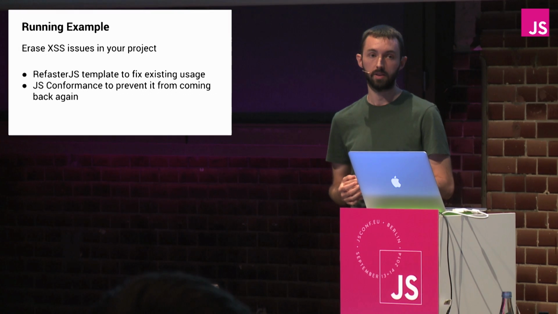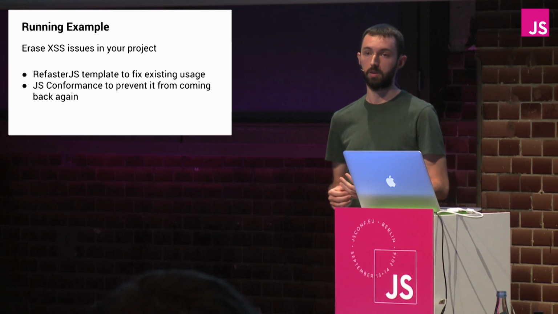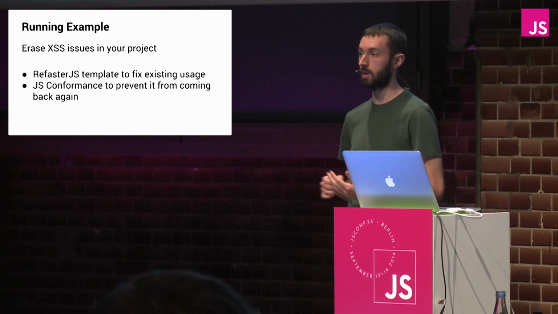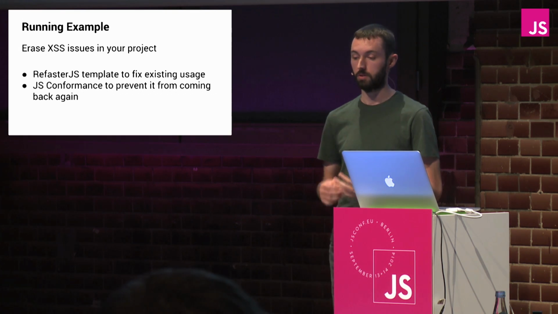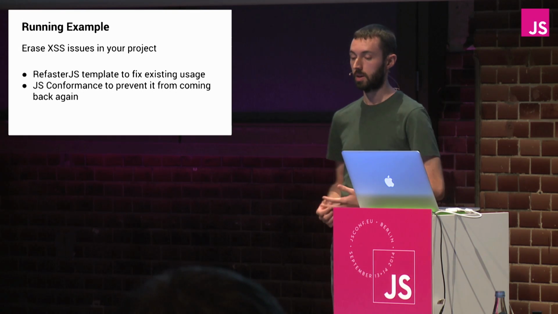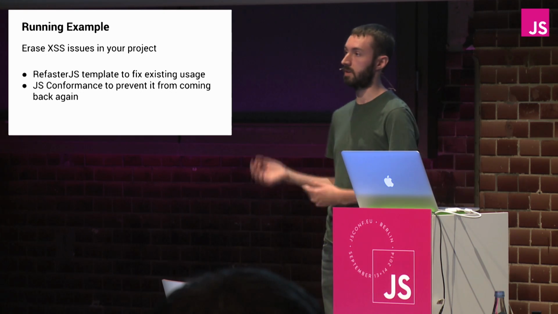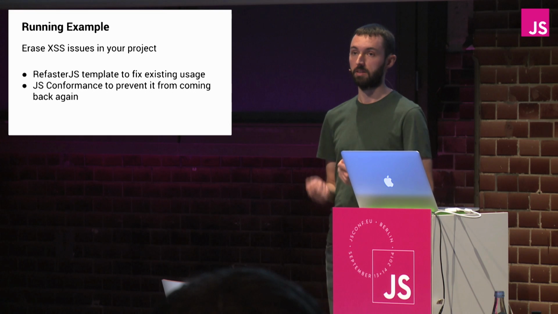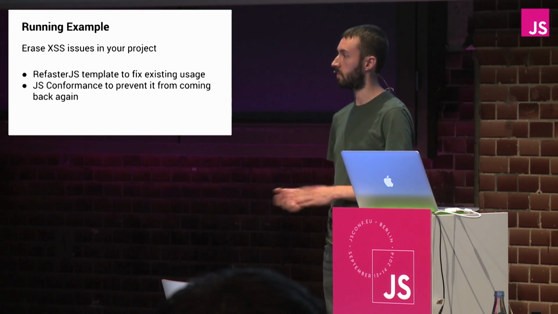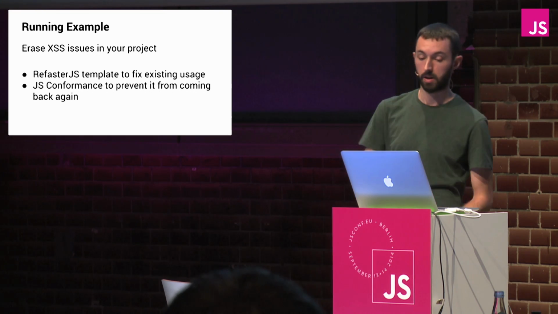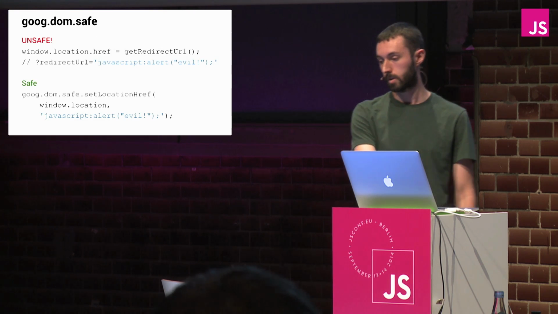An XSS can be really costly to the user, losing user data, and to your company with lawsuits, breach of user privacy, and so forth. So using RefasterJS, I'll show how you can fix existing bad XSS vulnerabilities and how JSConf can prevent them from coming back again into your code base.